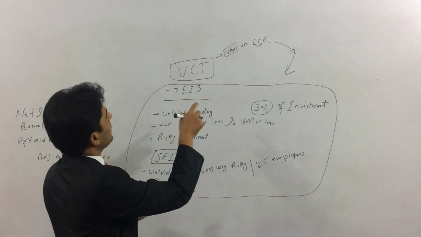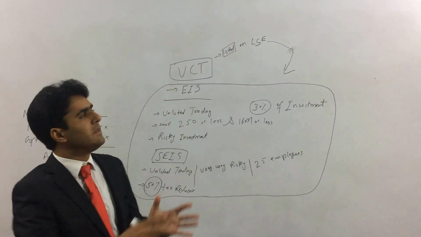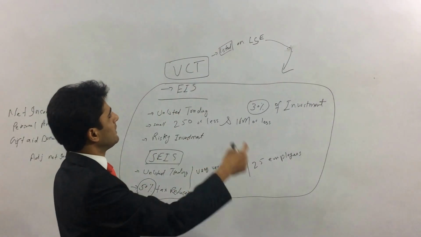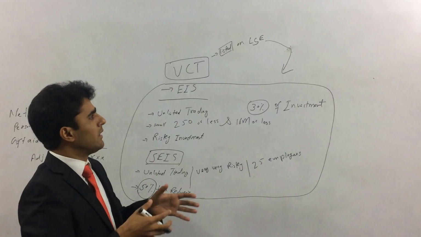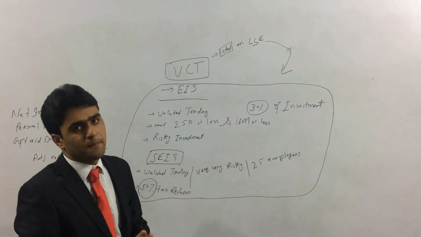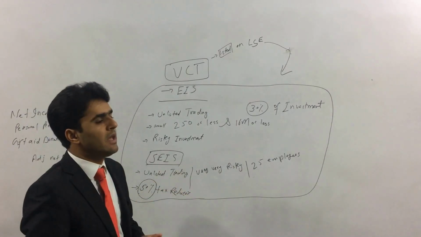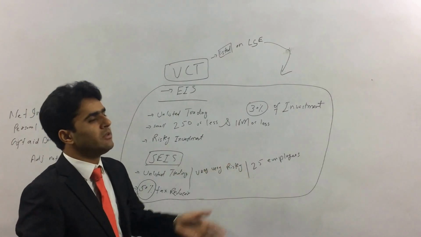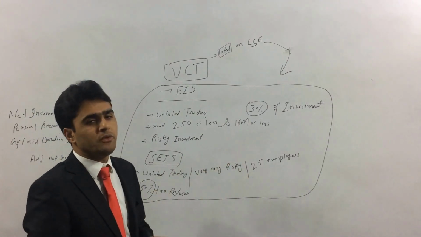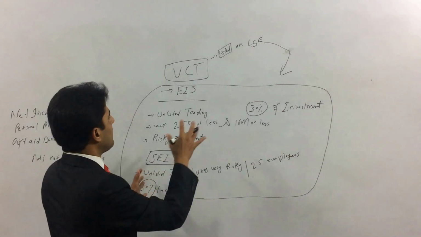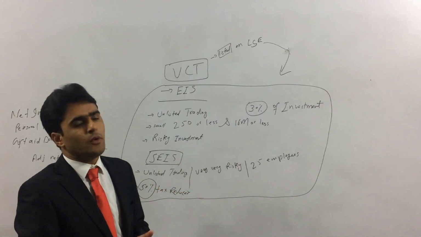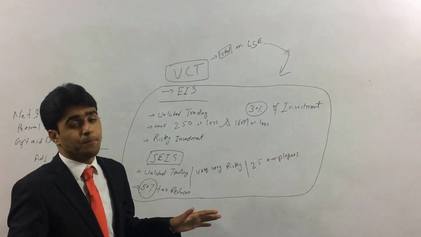Because although you are going to invest in VCT, that company is not going to invest in a single EIS or SEIS company. It is going to invest in various companies. It will buy some shares in one EIS, some in another EIS, some in other SEIS, and some in another SEIS, because there are many EIS companies in the UK and many SEIS companies.